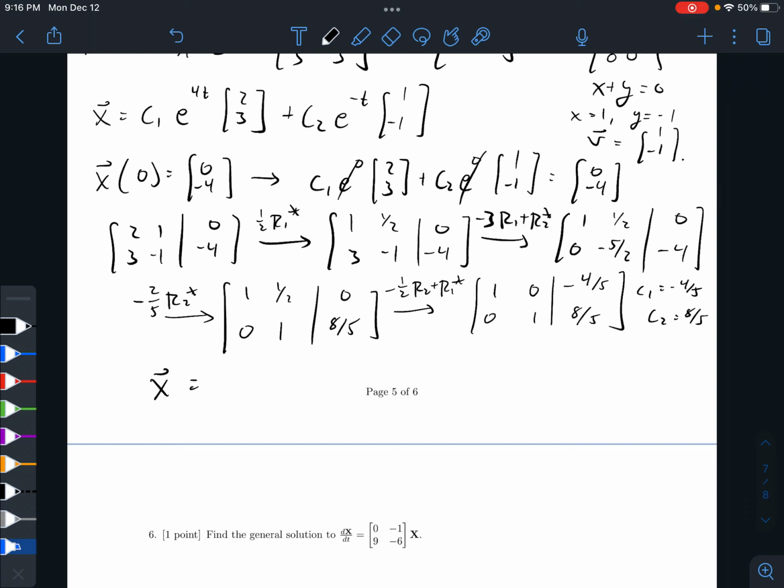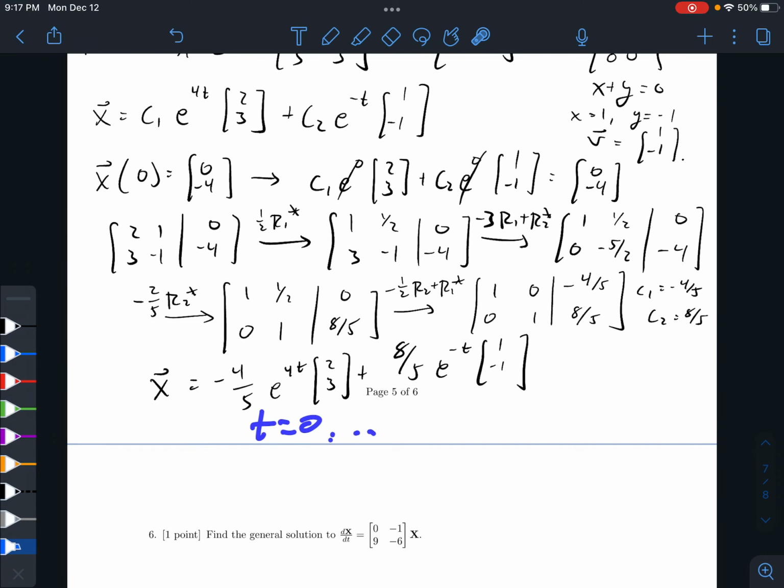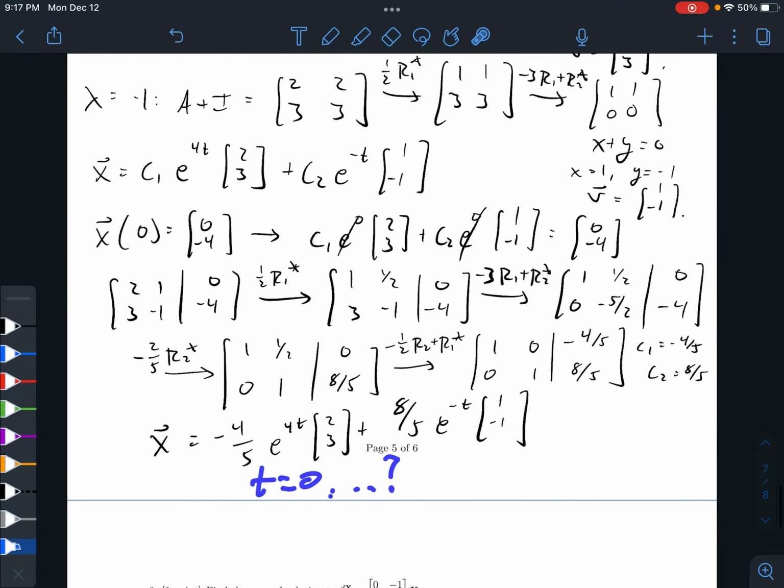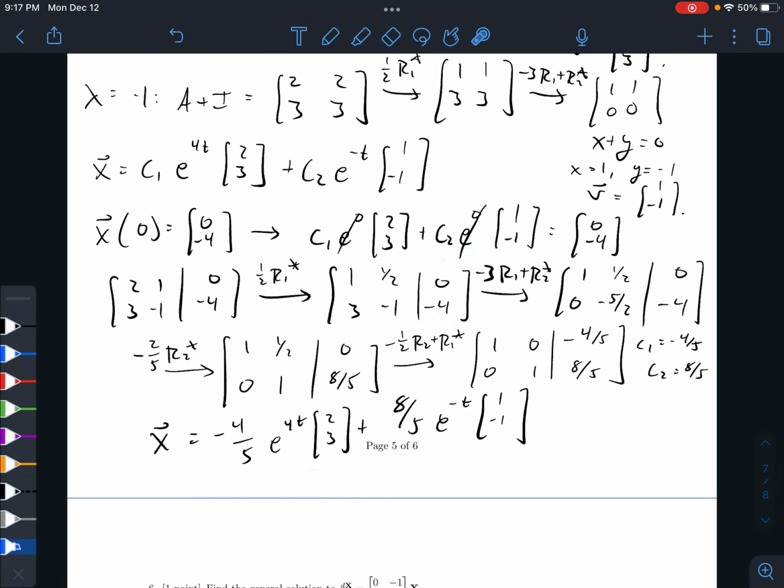So our solution is x equals negative 4/5 e to the 4t times 2, 3 plus c2, which is 8/5 e to the negative t, 1, negative 1. I like to check my answer at this point just to be confident that what I have is right. So if I plug in t equals 0, do I actually get 0, negative 4?